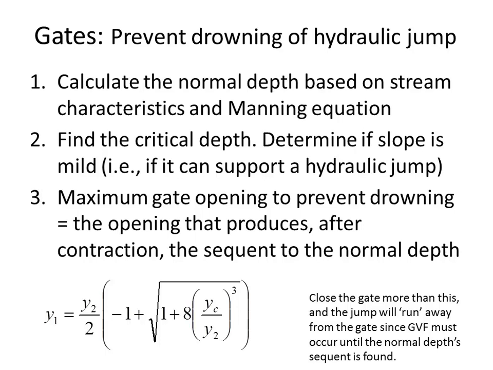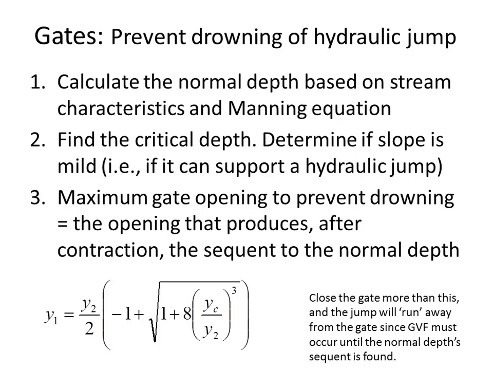Dr. White, when you say drown the gate, what do you mean by that exactly? It's the behavior we saw in the lab when we made the slope really shallow. We could move the jump back and forth by how steep the channel was, but when we made it very shallow, the hydraulic jump got closer to the gate, and then eventually, instead of here's the gate, and it's flowing for a second, there's the hydraulic jump, and it goes up.